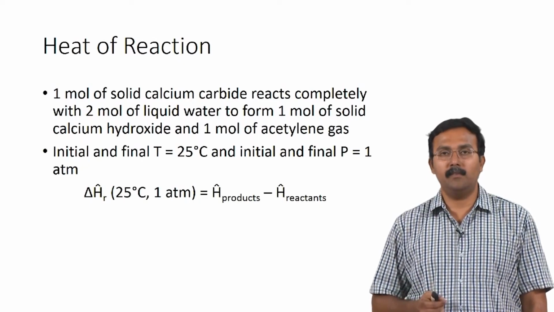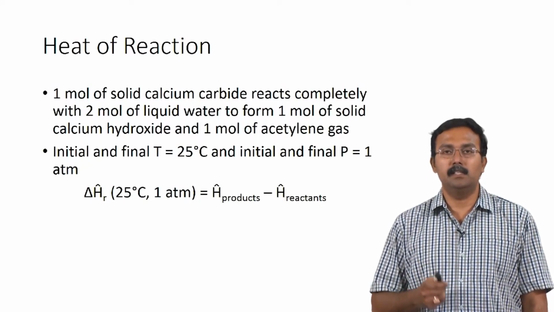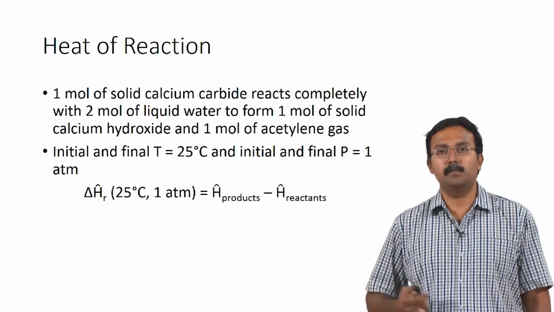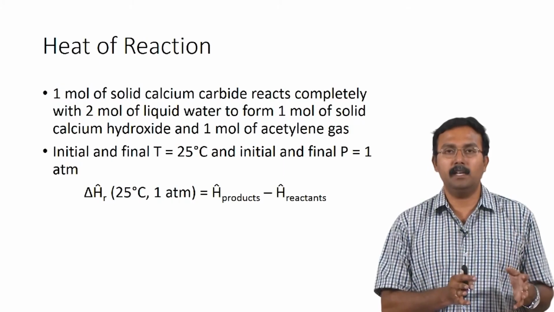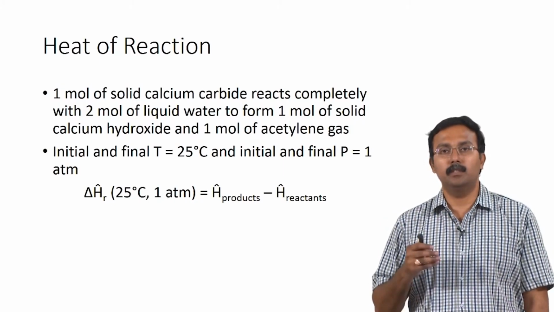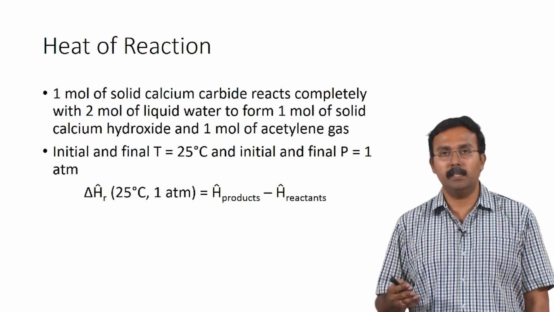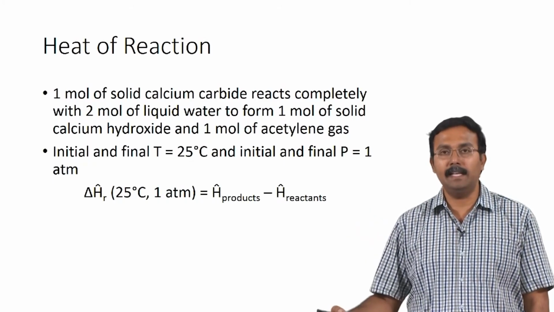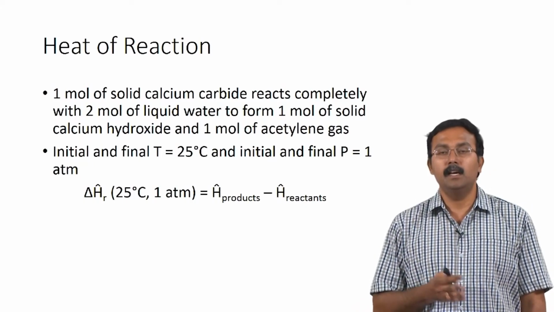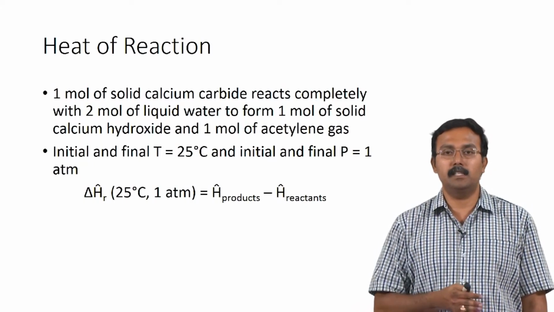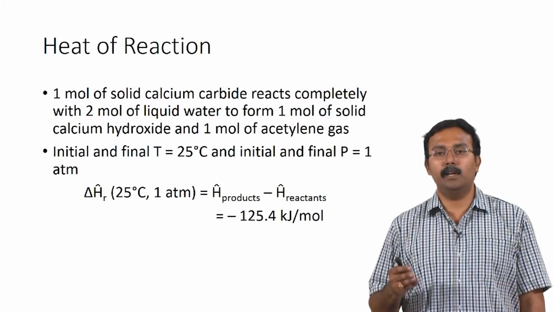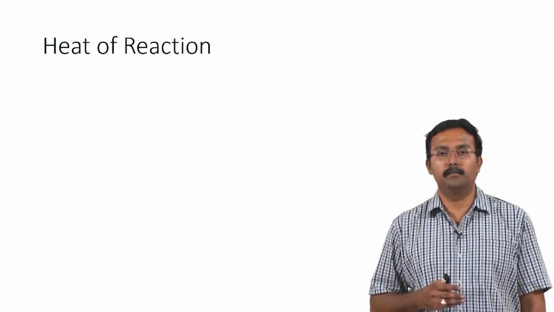Then the heat of reaction is the enthalpy of products minus the enthalpy of the reactants, which is basically the enthalpy of the final condition minus the enthalpy of the initial condition. Since the reaction has gone to completion, the final condition will not have any reactants, and assuming that only reactants are fed, you would not have any products at the initial condition. So, this value is minus 125.4 kilojoules per mole.